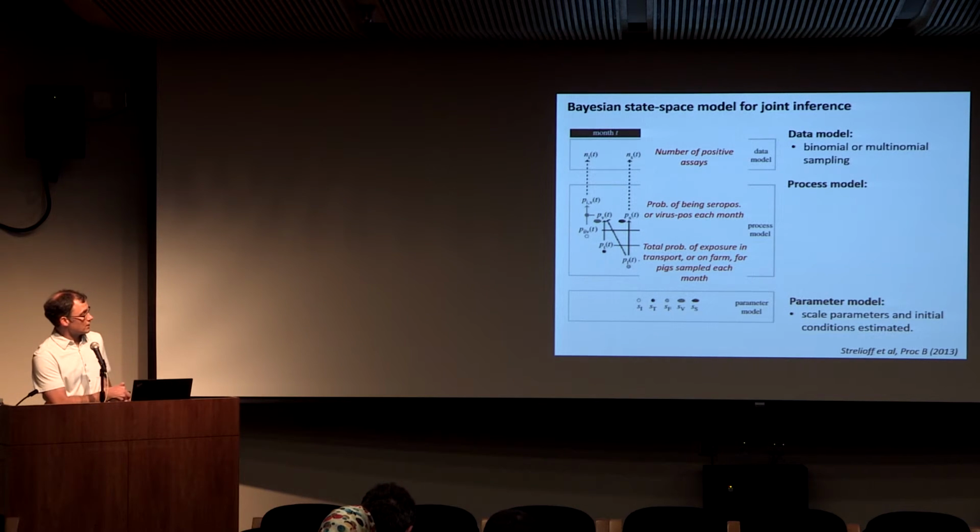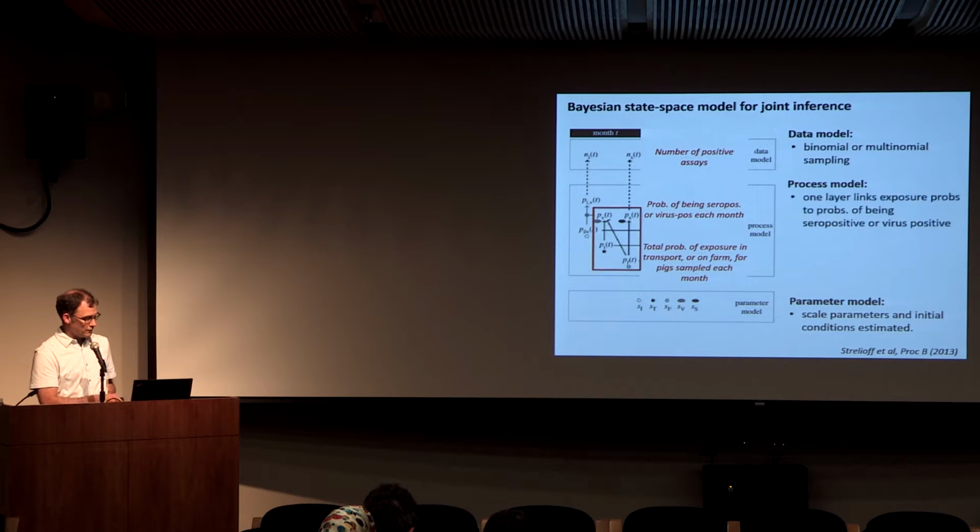So the process model has a couple of layers, and I'll just focus here. There's one layer that links up down here the probability that pigs are getting exposed either on the farm or during transport during any particular window of time. So that's the actual epidemiology happening in this part of the model. And then this up here is the probability that a given pig that you sample is actually going to be seropositive or virus positive at the point that you sample them.